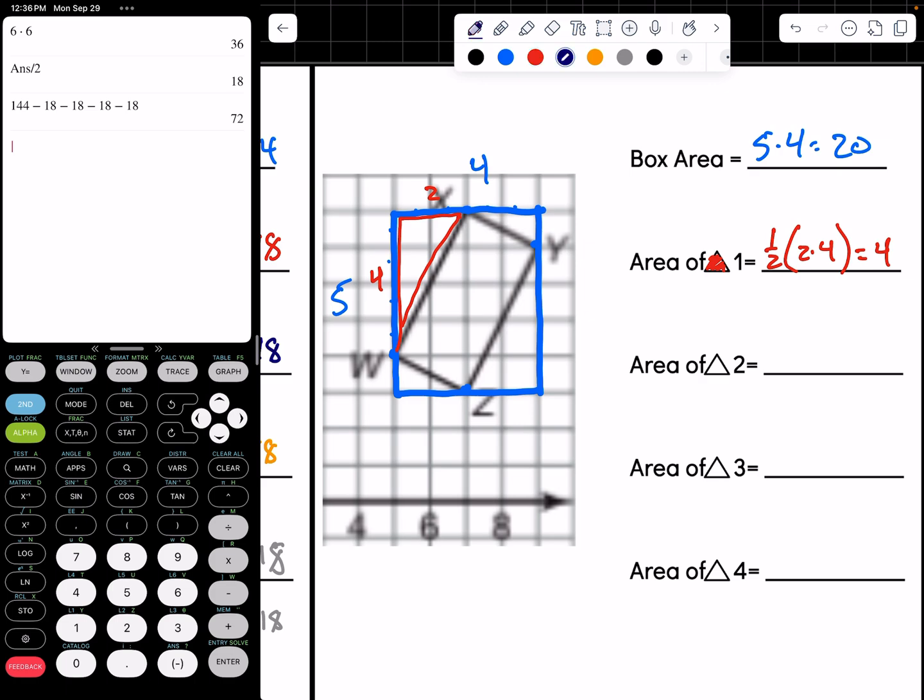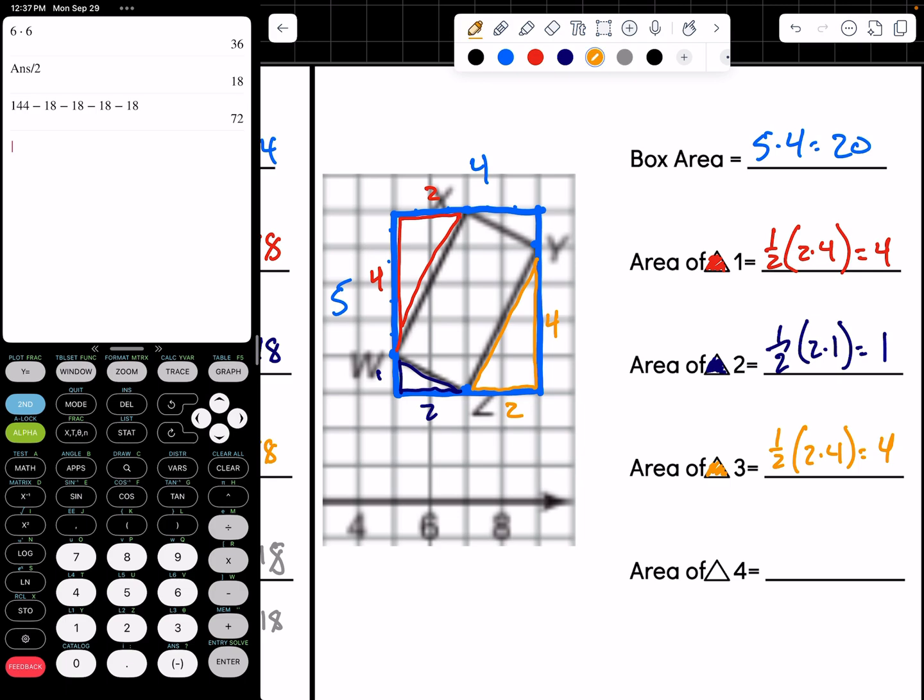Then we come down here, we go down 1, we go right 2 for our purple box. 1 over 2 times 1. Those 2's cancel out, so we're left with 1. Our orange box, we've got 2 across, and then 1, 2, 3, 4 up. So again, it's very much the same as our red box. 1 over 2 times 4 equals 4 because our 2's cancel out.